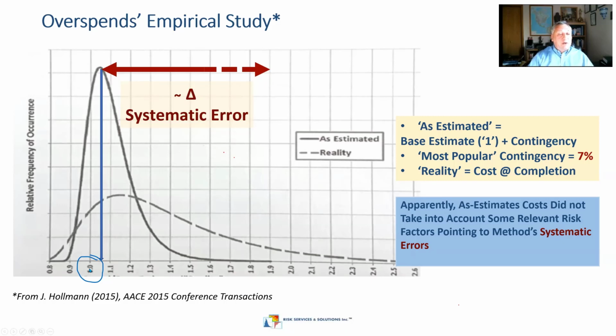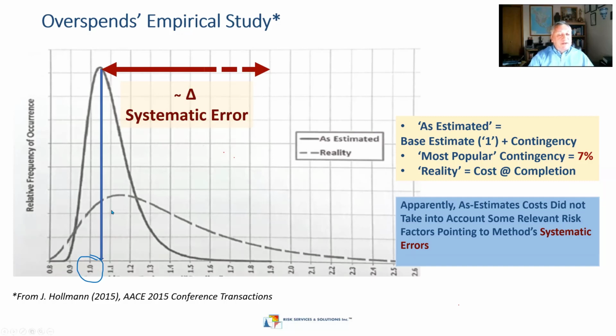This is without contingency and just a deterministic number. It turned out that the most popular contingency, the difference between this line and one, is 7% only. And that's called the probable 7% syndrome in risk management, when contingency is too small.